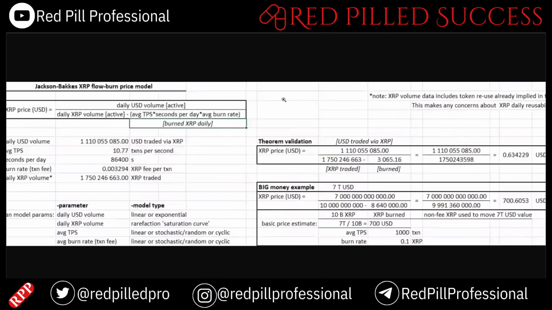So, in short, I think that this really helped me feel a lot more confident about how the price of XRP can and should actually go a lot higher.